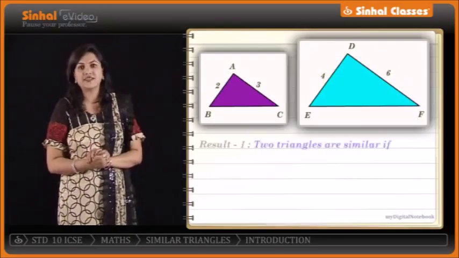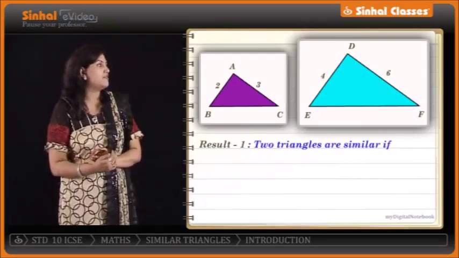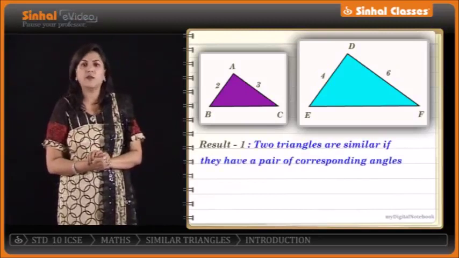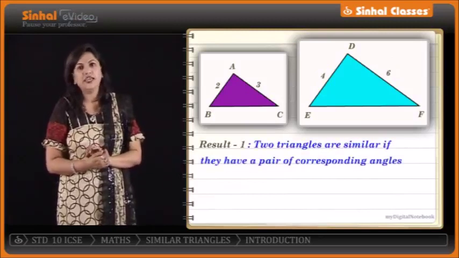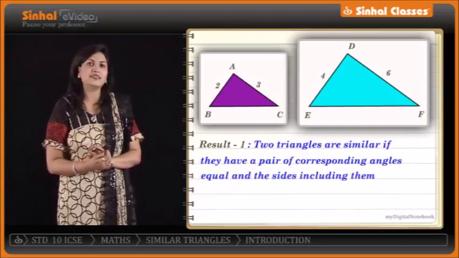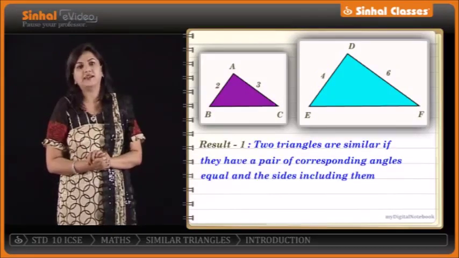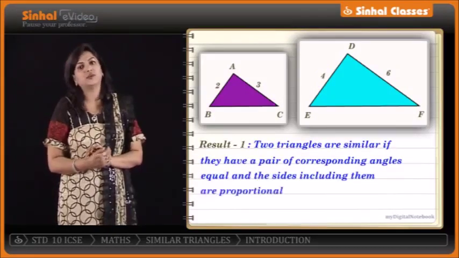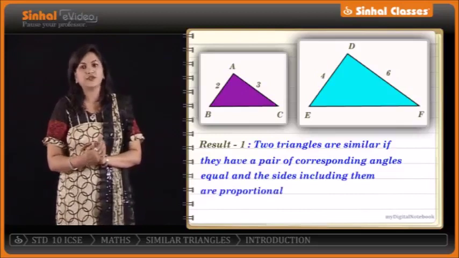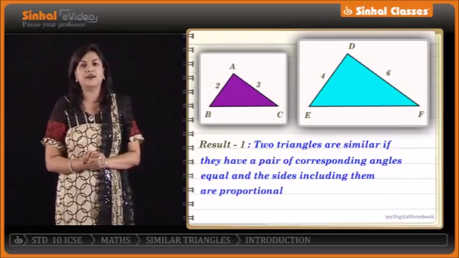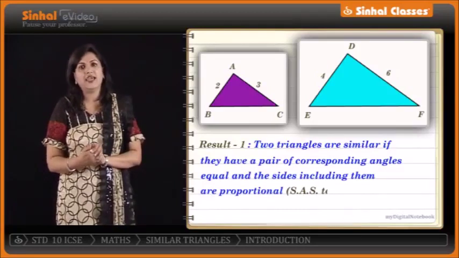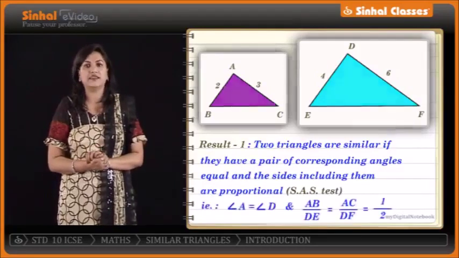Now, two triangles will be similar if they have a pair of corresponding angles which are equal and the sides including that angle should be proportional to each other. These two triangles will be similar by SAS test of similarity.